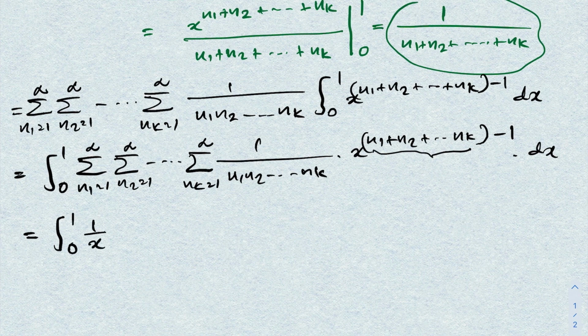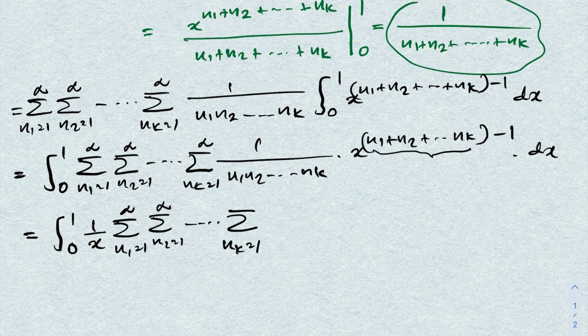So 1 over x, sum 1 to infinity, again 1 to infinity, and here sum nk equals 1 to infinity.